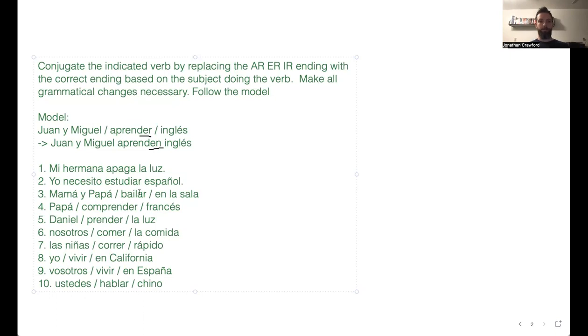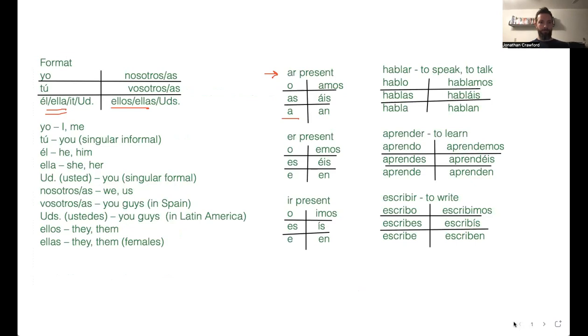Mamá y papá bailar en la sala. Bailar means to dance. Who's doing it? Mamá y papá. So which one of these is mamá y papá? Is it nosotros? Are we mamá y papá? No. Is it tú? Are you mamá y papá? Nope. It's they.